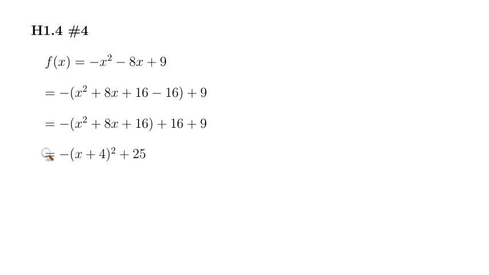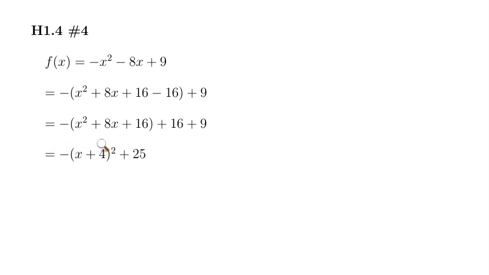Now we are looking for the range. Remember, the range is the set of possible function values. Since there's a square here, x plus 4 squared, the smallest possible number would be 0. But there's a negative sign, so the largest possible number is 0 from the negative quantity x plus 4 squared.